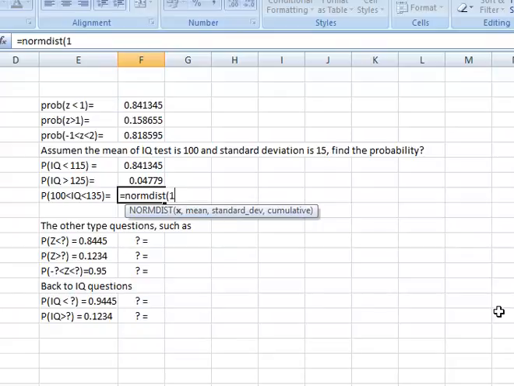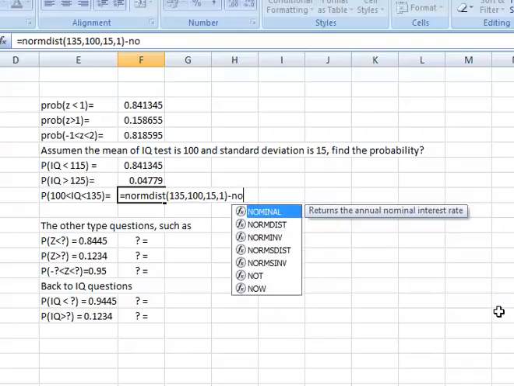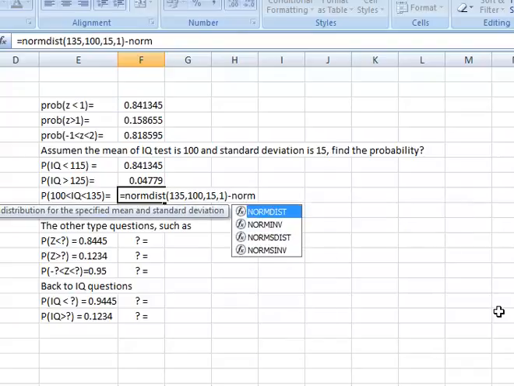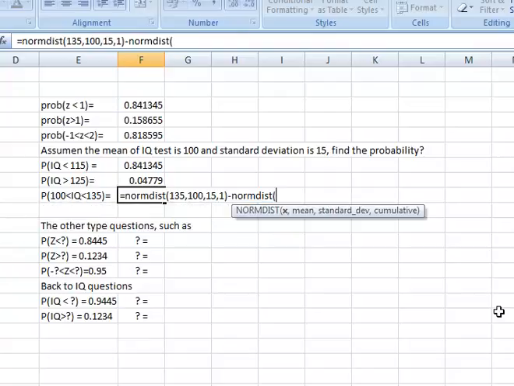We put 135 first, then the mean 100, then standard deviation 15, then logic number 1, minus NORM.DIST. This time you put 100, and the mean is also 100, and standard deviation 15, and logic value 1.